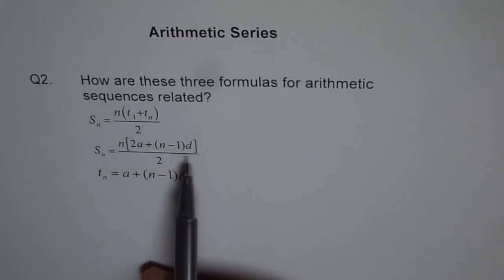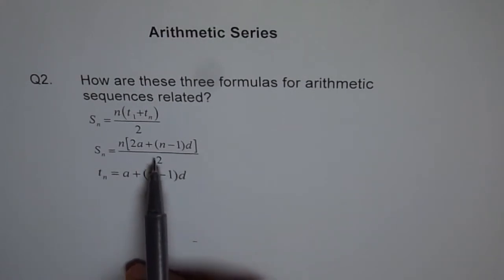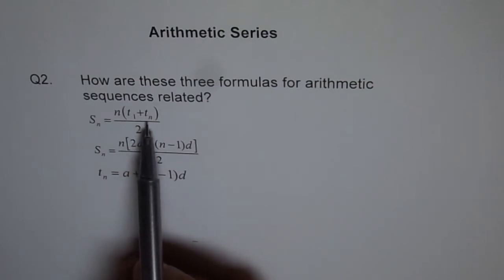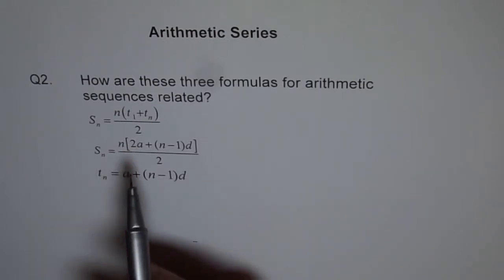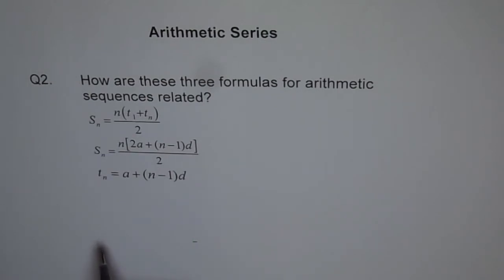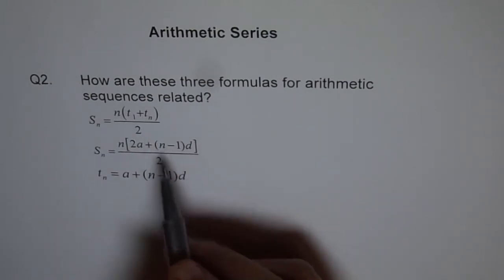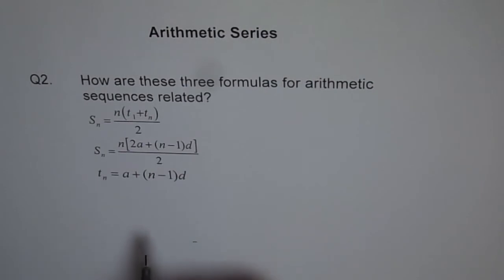So if you know the common difference, you should use this formula, and if you know the first and last term, you should use the first formula. That is where these formulas should be used. Right? Now let's see how they are related. I'll show you a relation between these formulas just now.